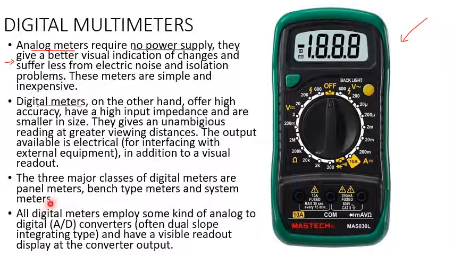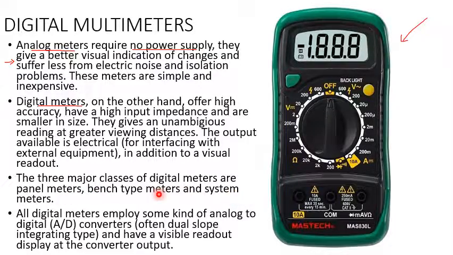And system meters normally contain a microprocessor. It can do many different things. It can add the readings, or take the difference of two readings, automatically. So it contains a microprocessor which you can use to manipulate the readings that you take using the meter.